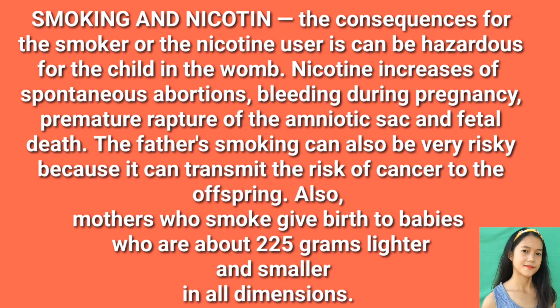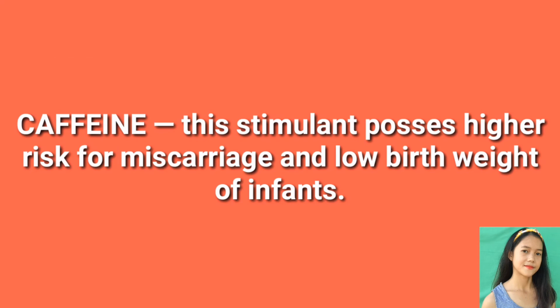The father smoking can also be very risky because it can transmit the risk of cancer to the offspring. Also, mothers who smoke typically give birth to babies who are about 225 grams lighter and smaller in all dimensions. Caffeine. This stimulant possesses higher risk for miscarriage and low birth weight of infants.